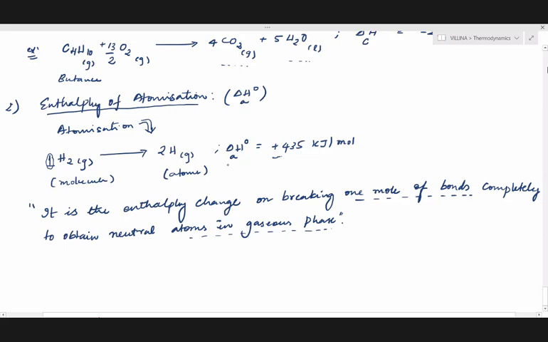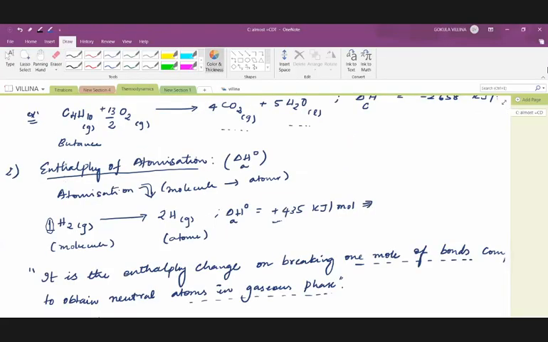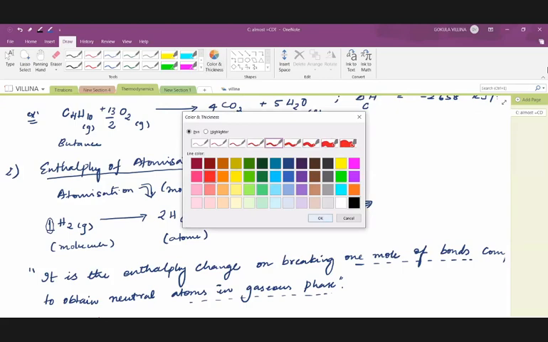Since it will be the energy given to the system, the sign of the delta H will be positive. Simple. Atomization means neutral molecule to neutral atoms conversion by breaking of bonds. Here, since we are breaking this particular hydrogen bond, in this example, we can treat this enthalpy of atomization as bond enthalpy also.